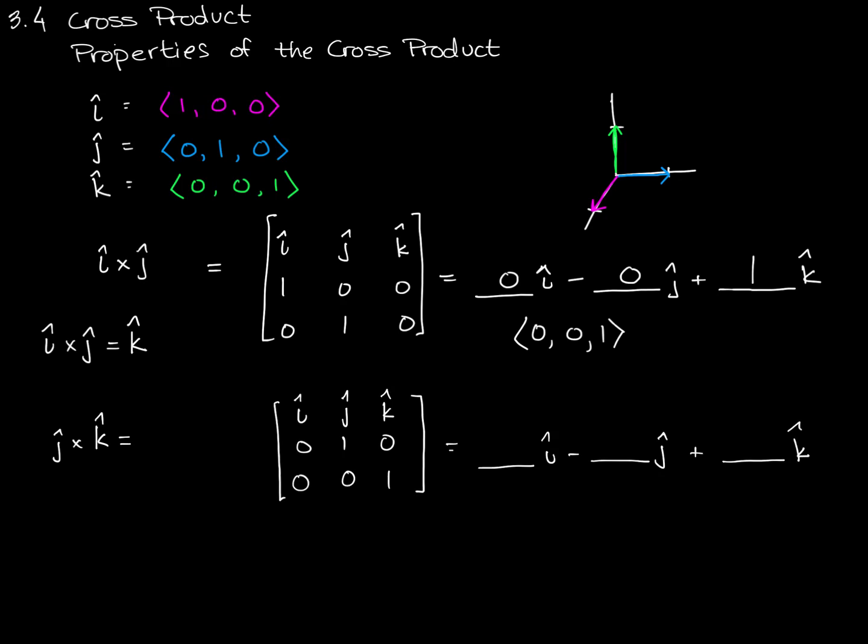And I cross out i, and I get 1 times 1 minus 0. Then for j, cross out j, I get 0 minus 0.